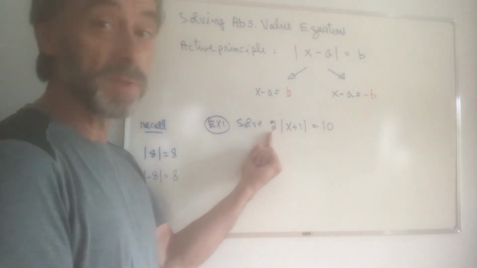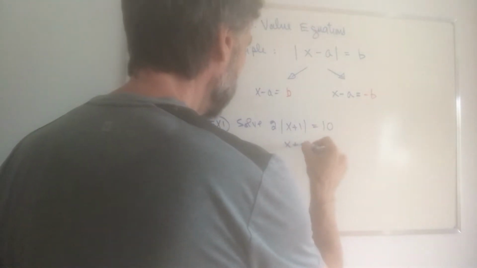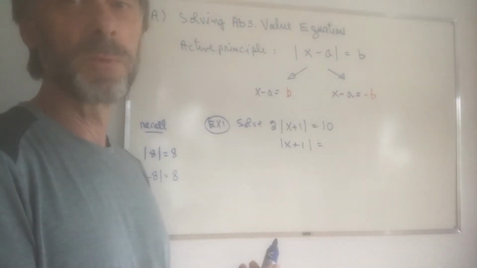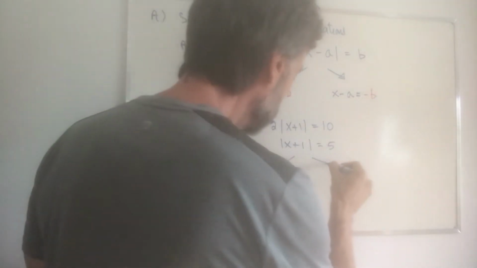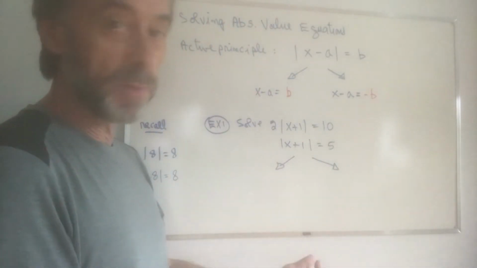First thing I'd like to do is get rid of the 2 here by dividing both sides by 2. So absolute value of x plus 1 is going to be equal to what? Bring the 2 over, divide by 2, 10 divided by 2, 5. And then I'm going to break this into 2 sub-problems. One with a positive 5, the other one with a negative 5.